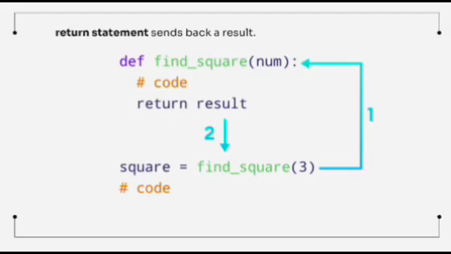So the result of 3 is returned to number. This result will be returned to the function. Return result will be used when we want to return the result of the given function.